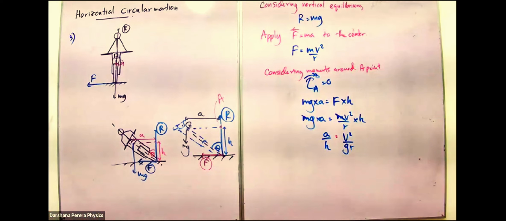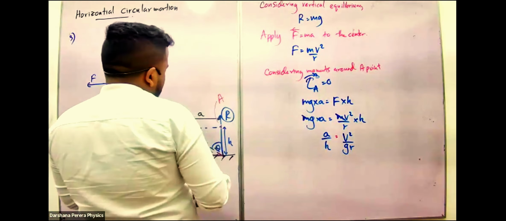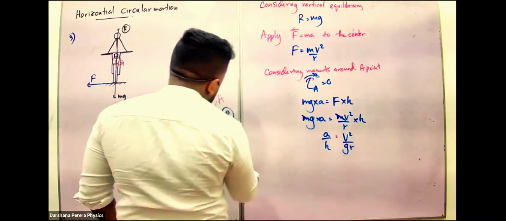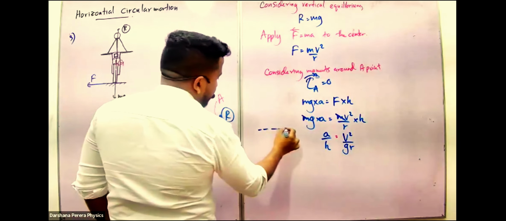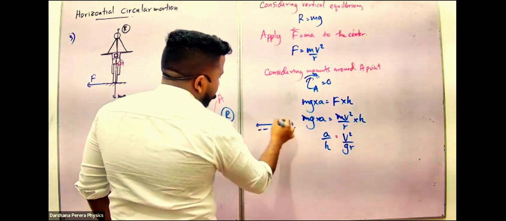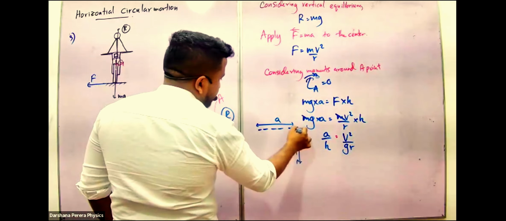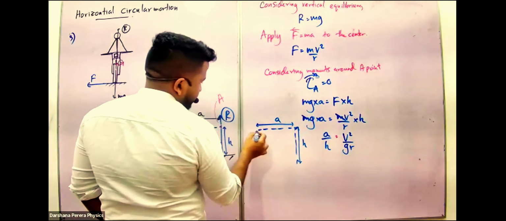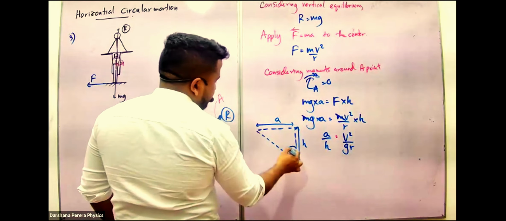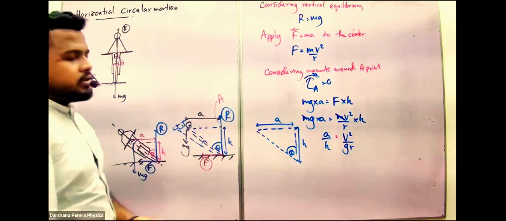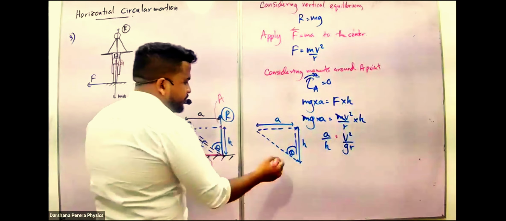Then what is meant by a over h? We can take this triangle with sides a, h and angle theta.